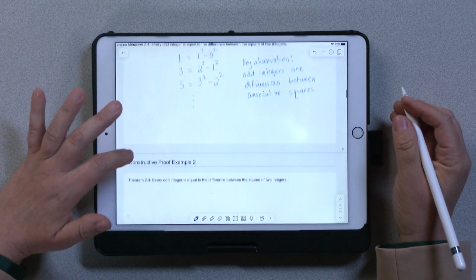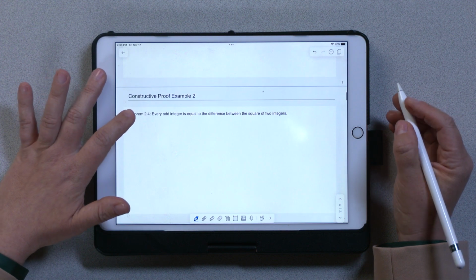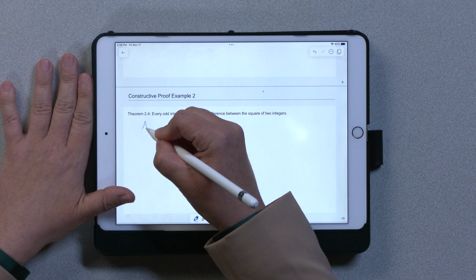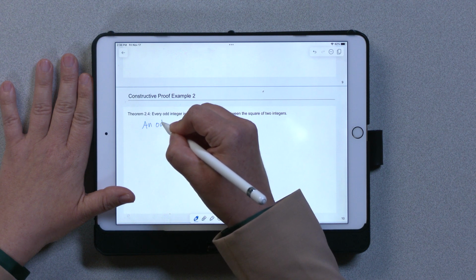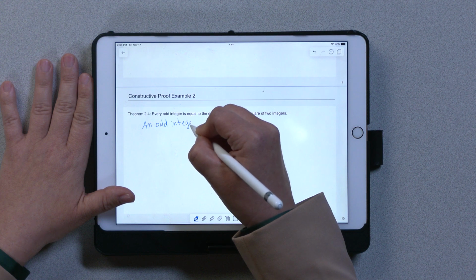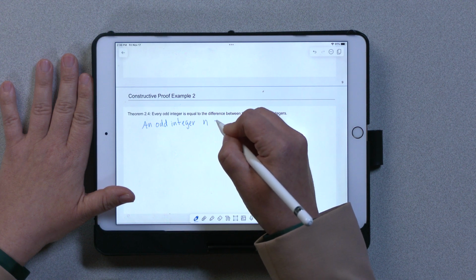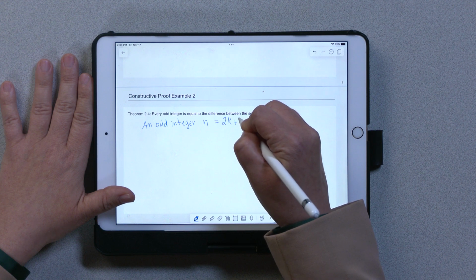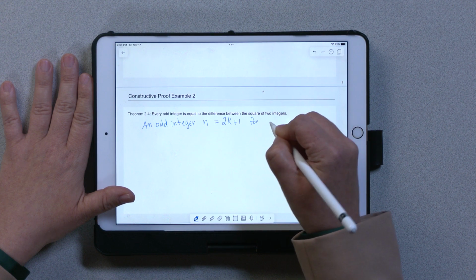So let's see. First thing we have to observe is, what is an odd integer? For any odd integer, we'll say it's n, equals 2k plus 1 for some integer k.